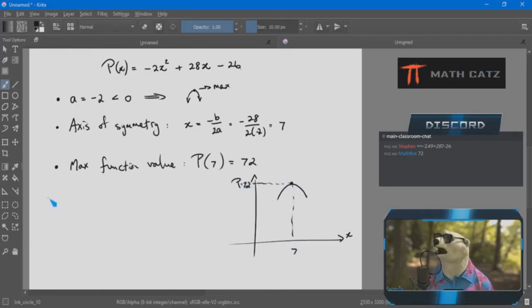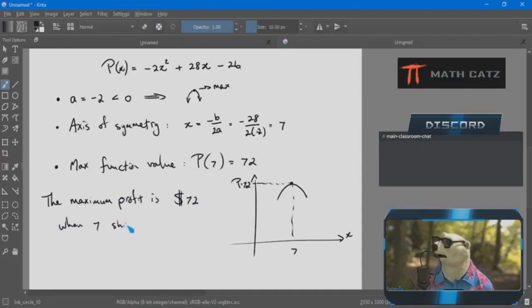So the maximum profit is, it's not a lot, but $72 when I'm only producing 7 shirts. 7 shirts are produced, sold.